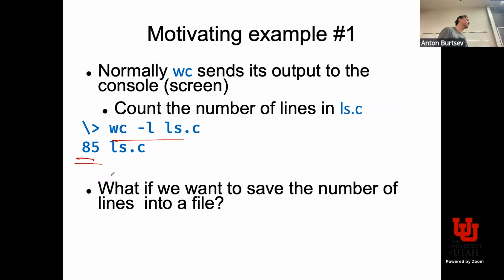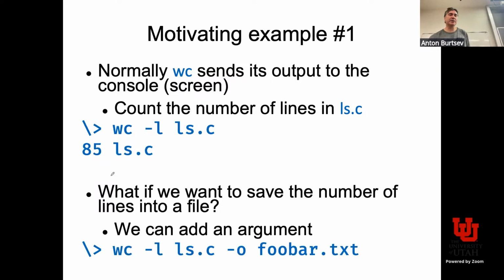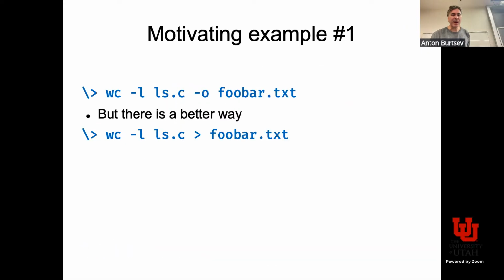You ask yourself a question: what if I want to save this number in a file? Well, you can always add additional arguments, like an output into a file, but this becomes annoyingly cumbersome, right? So is there a better way? And they came up with this idea. It's almost like an operator in the language.